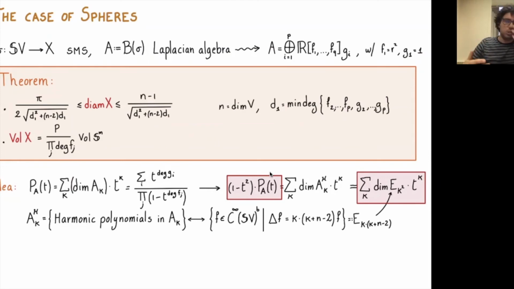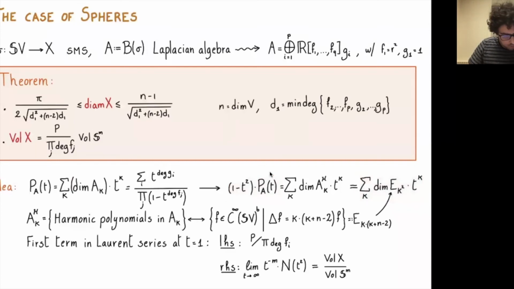And now what you do simply is you take these two series and you look at how they explode at t equal 1. When t becomes 1, they both explode, and they explode with a certain power. So you can look at the Laurent series at t equal 1, and essentially the idea is you just compare the first term in the Laurent expansion of the two series.